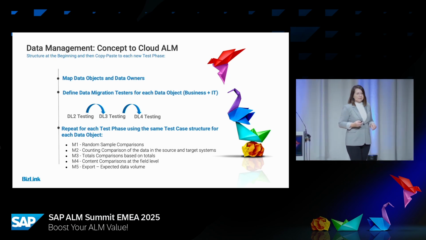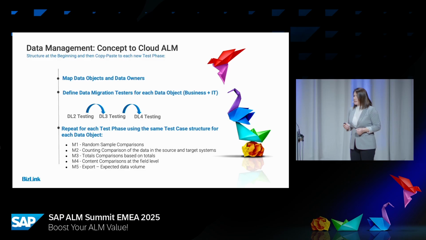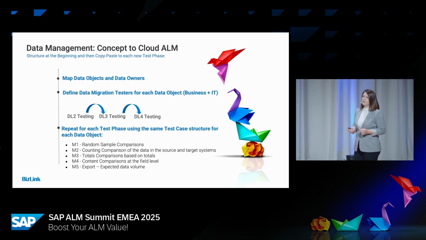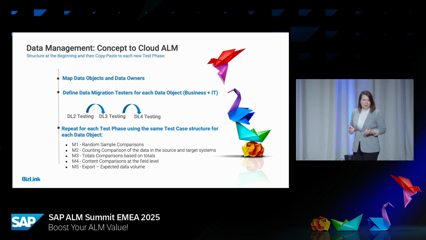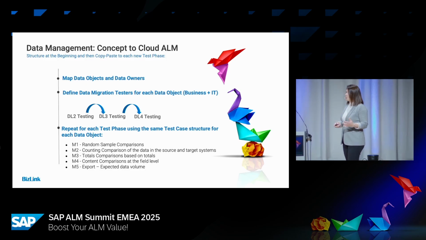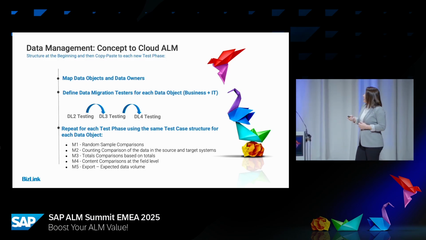So at the first testing phase of data migration, data load 2, was the first time that our business was asked to validate, and internal IT to validate, if the data migration was done correctly. And they obviously found a lot of business partner topics and all these things. So there were many things reported as still missing, still not sufficient, and so on.